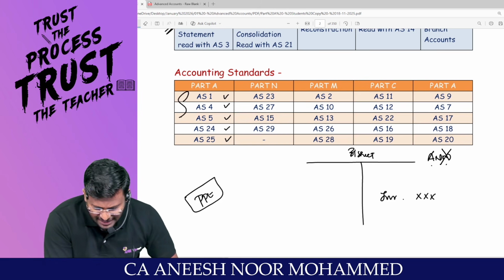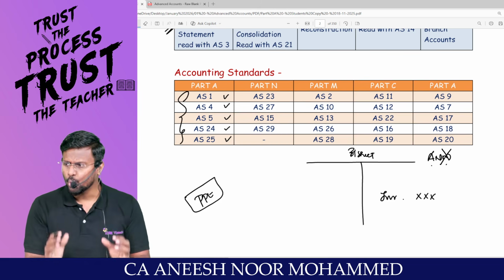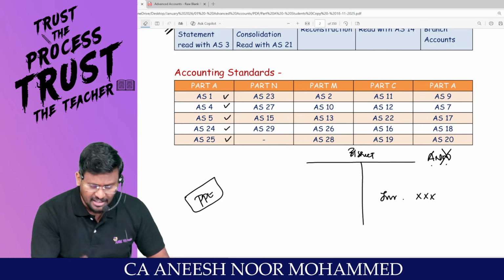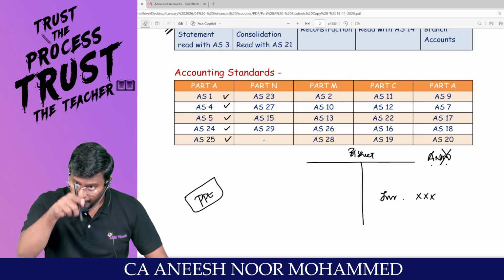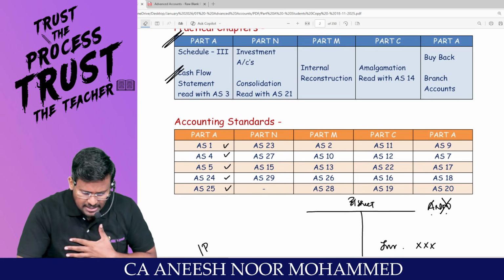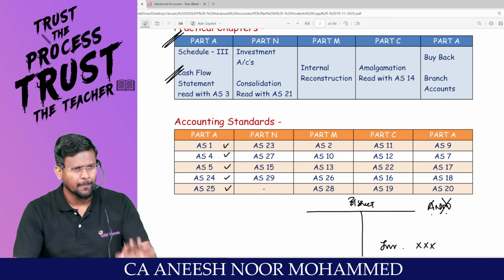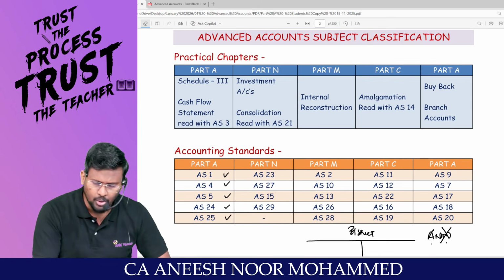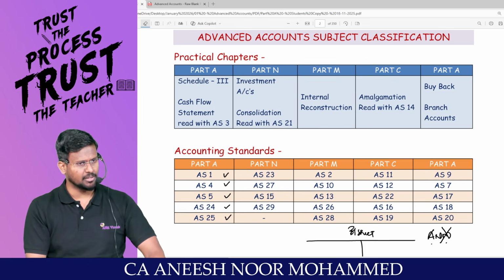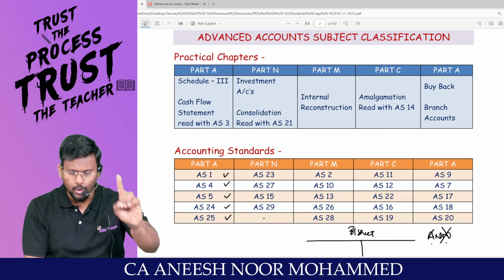So these 5 standards, even though they are accounting standards, teach us how to prepare the financial statements. Our part A of the subject, advanced accounting, basically talks about the preparation and presentation of the financial statement. Number 1, Schedule 3.